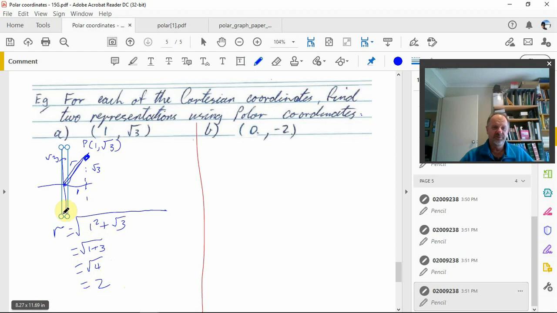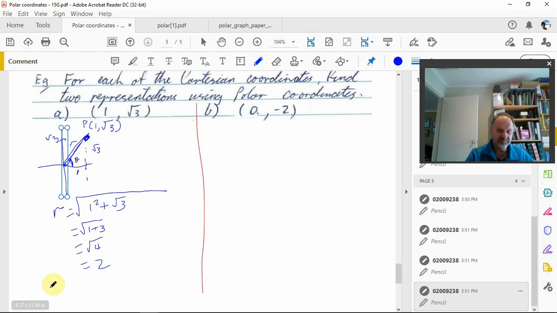And then we want to know what this angle is. It asks for 2 representations, so I'm just going to look at one here where that's theta. Theta will be tan minus 1 of the opposite √3 over 1, and if you refer back to your triangles, or however else you remember your sine, cos, tan values, you'll find that that's pi on 3.